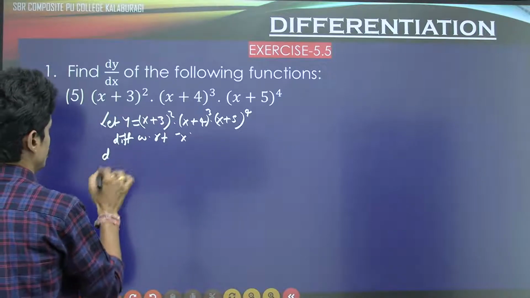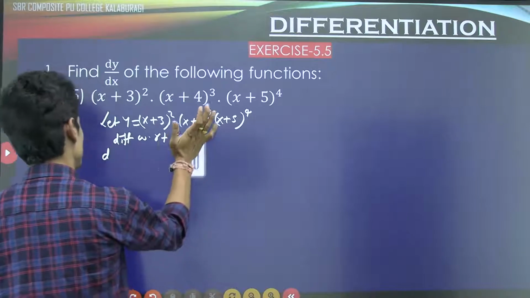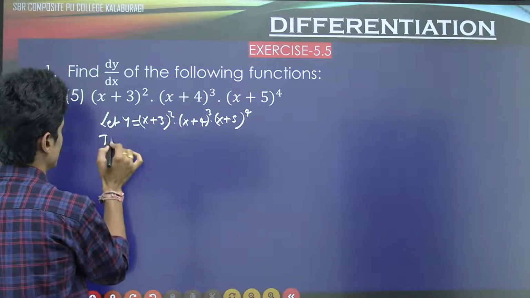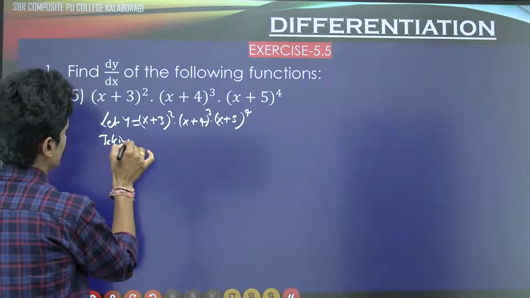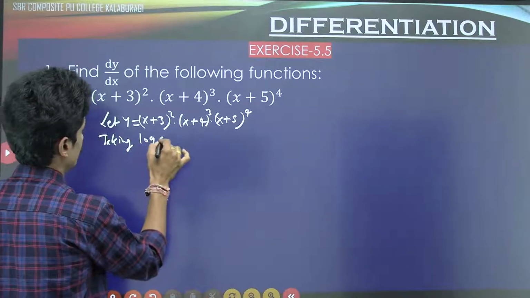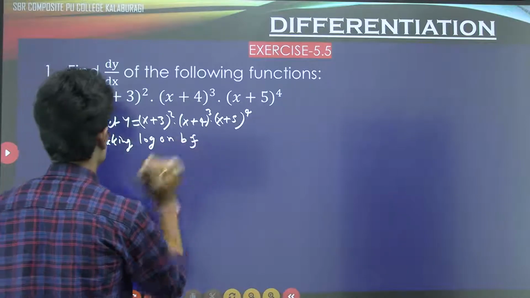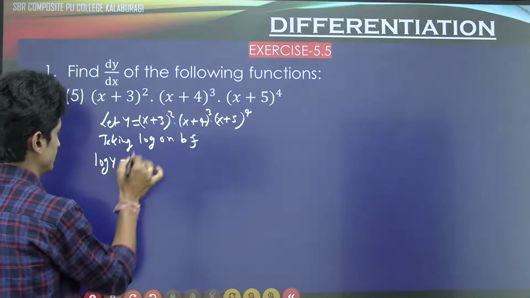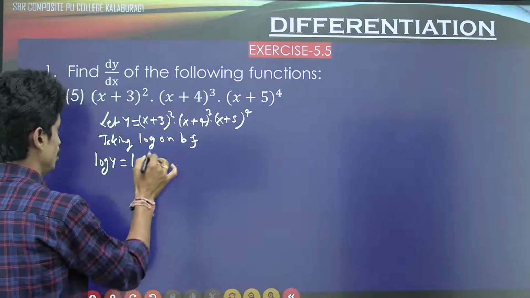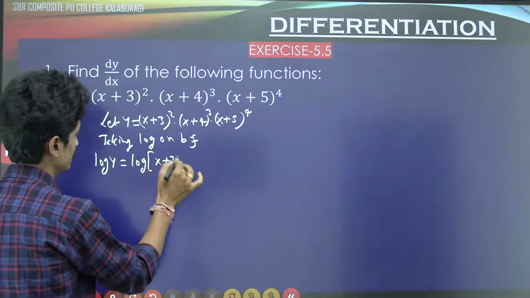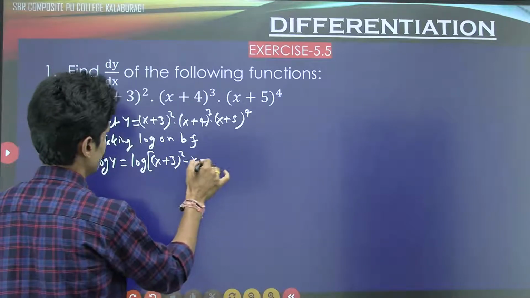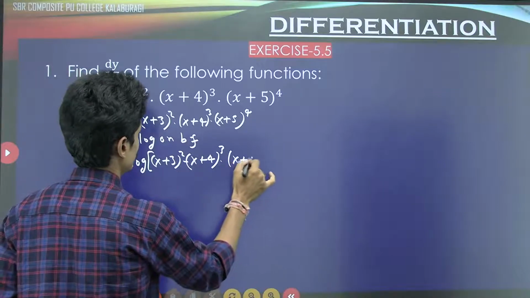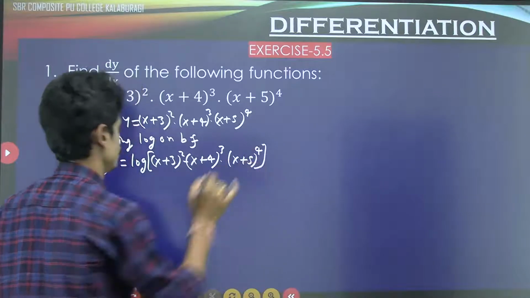Now we are going to solve by the logarithmic method, not by the direct method. So compulsorily we take log on both sides. Taking log on both sides, I'll write log y equal to log of x plus 3 whole square into x plus 4 whole cube into x plus 5 whole power 4.